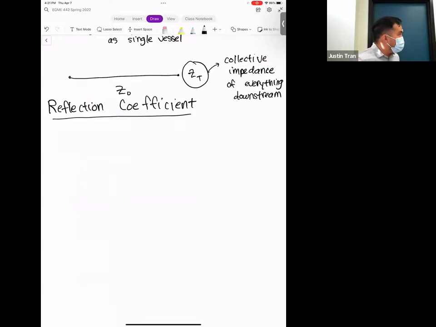And so I had to talk about terminal impedance and characteristic impedance, because it's important to discuss for this reflection. Right? And so to introduce this, let's remind ourselves that when pressure waves travel along the cardiovascular system, we expect them to travel and reflect.